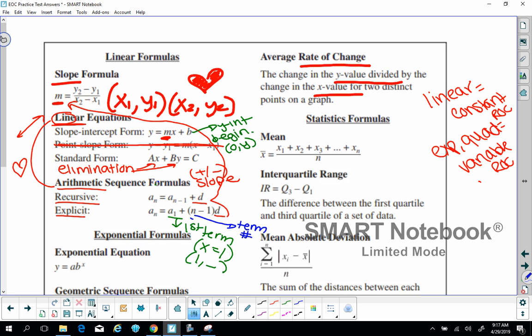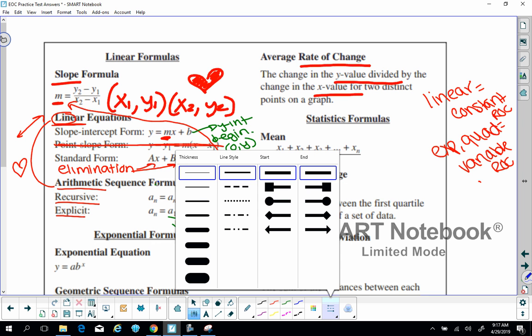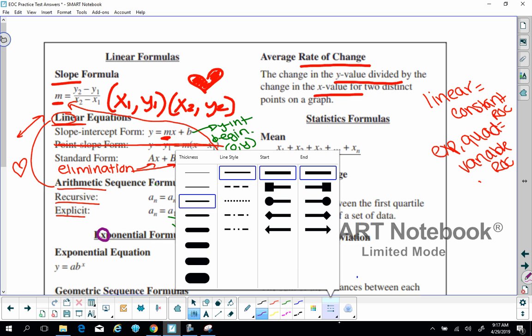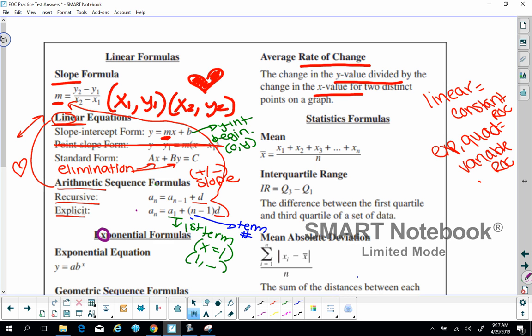Cool. The next one, we went over exponential. We know that exponential means multiplying over and over. I can remember that because of this x in there. There's an x in the exponent, exponential. So if there's an x in the exponent, I know I'm looking at this formula right here, exponential. Your b is your growth or decay factor.